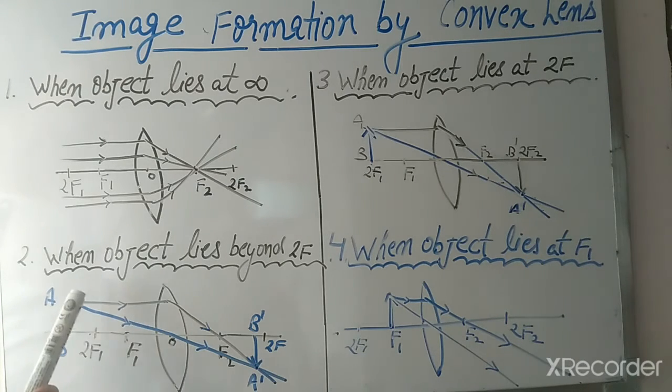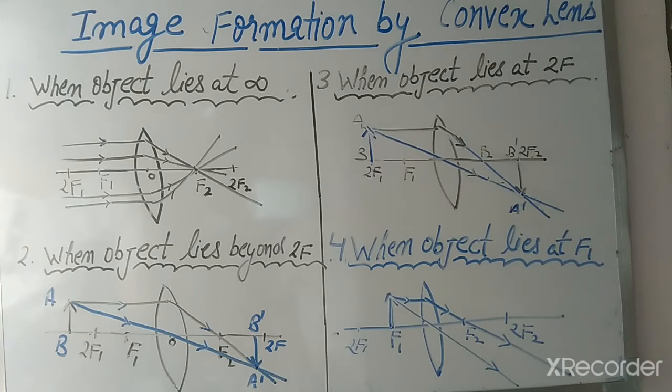And another rule said that if a ray of light passes through O, then it will follow the same path. So we see that the two rays intersect at point A dash, and so we get the image here.